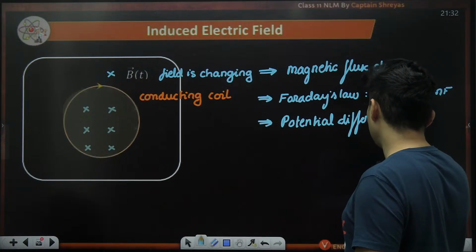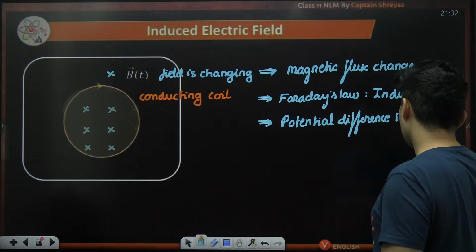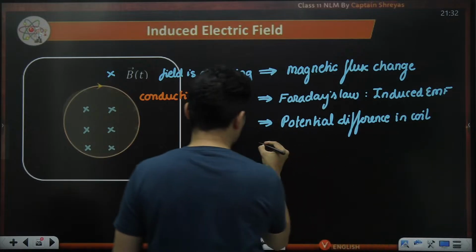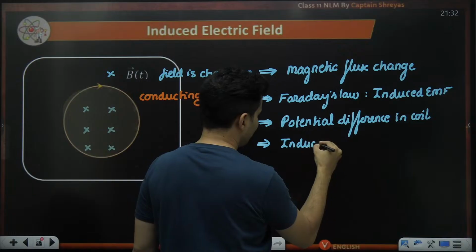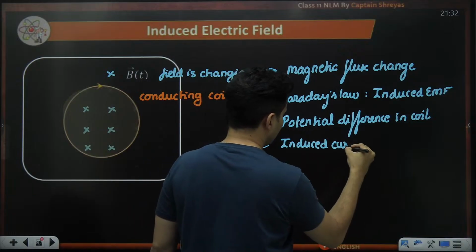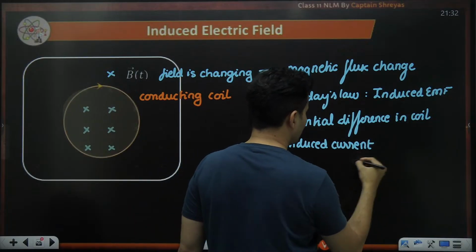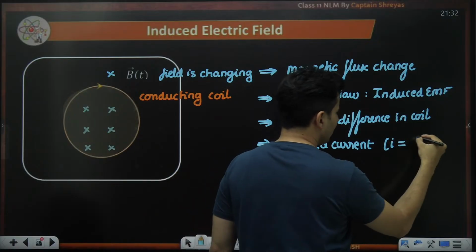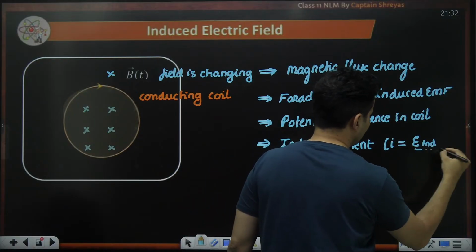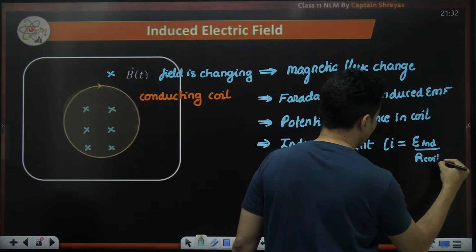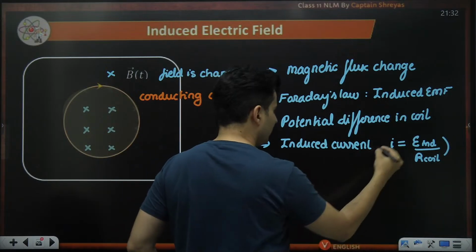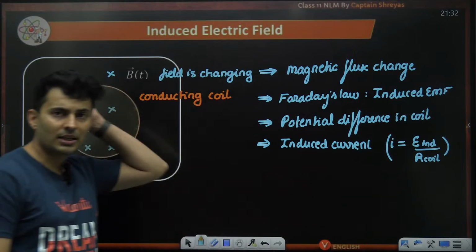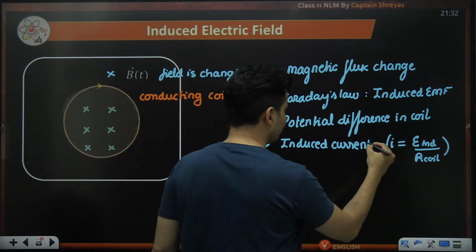And because of this potential difference, there will be induced current, whose value can be given by the induced EMF divided by the resistance of that particular coil. Very simple and straightforward, isn't it? There will be induced current in the coil.